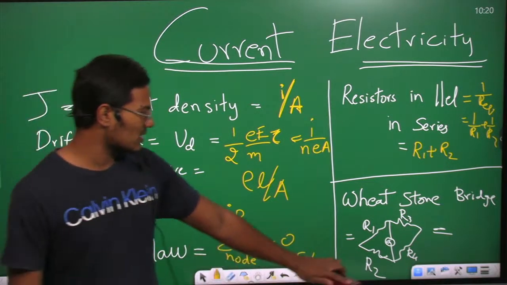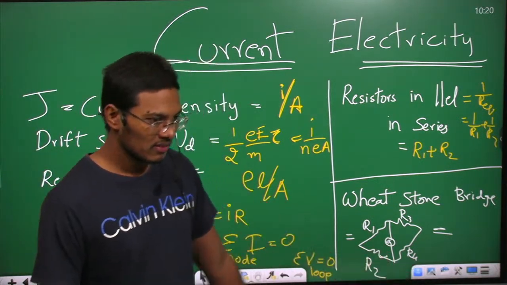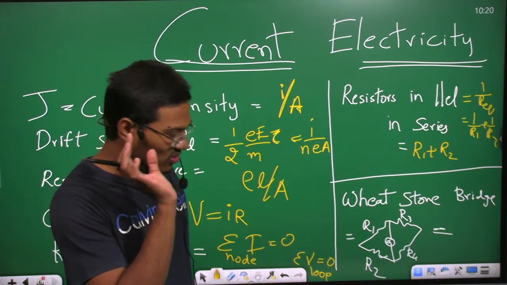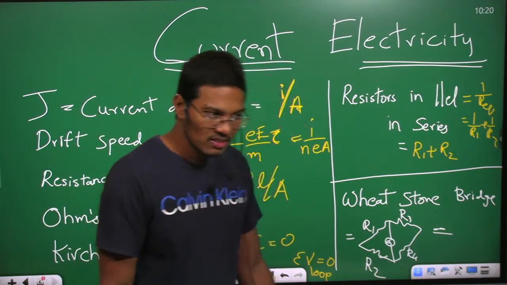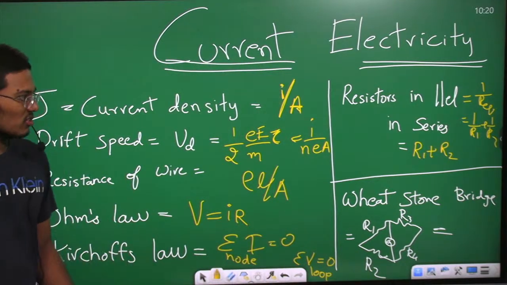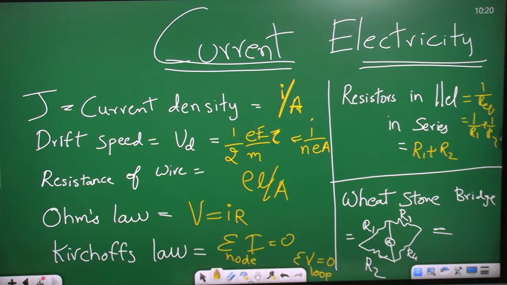What is this? Which coil? Galvanometer, okay. So what do we do with galvanometer? Okay, galvanometer is used to read current.